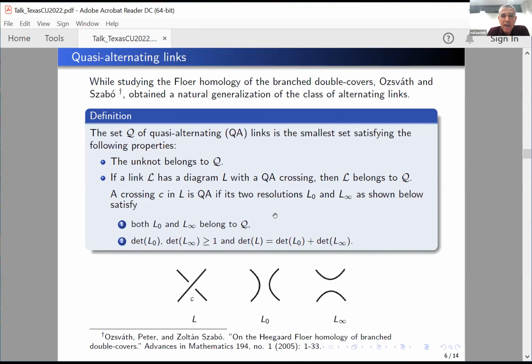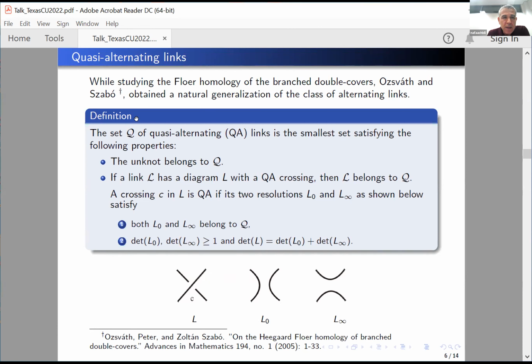Historically, Ozsváth and Szabó noticed that when they were computing the Heegaard Floer homology of branched double covers of alternating links, this simple homology property extends to a larger class of knots, and they defined quasi-alternating links in such a way that these homological properties are extended from alternating links to this wider class.